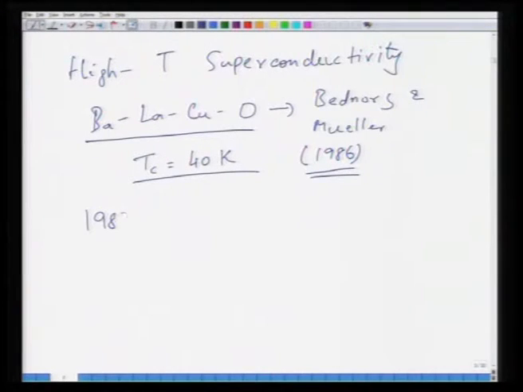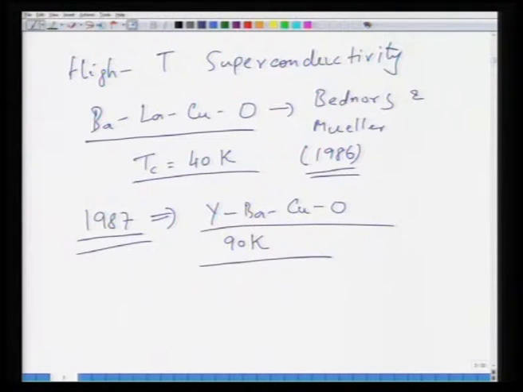Following this, in 1987 superconductivity was discovered in another oxide, yttrium barium copper oxide, which showed a TC of about 90 K. This was a major boost to superconducting research because this temperature is higher than liquid nitrogen temperature, which allows you to operate your devices at liquid nitrogen temperature, a lot cheaper than liquid helium, which you would need if you had a TC below 77 Kelvin.